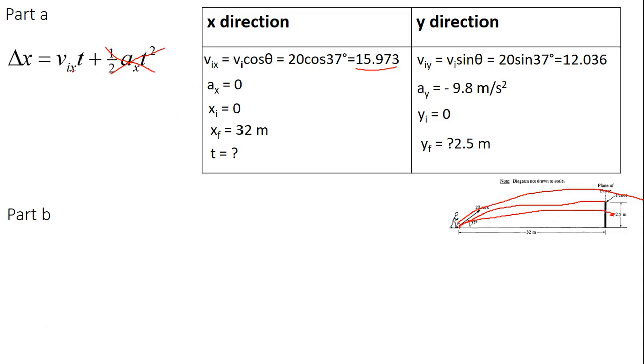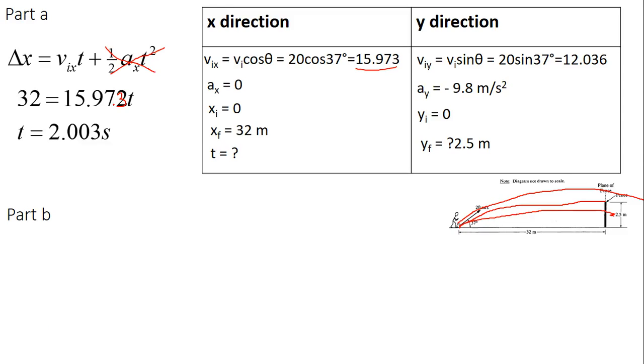And VIX is 15.973. So if we just divide both sides by 15.973, we get 2.003 seconds. And if you put 2, I will still count that as the correct answer.